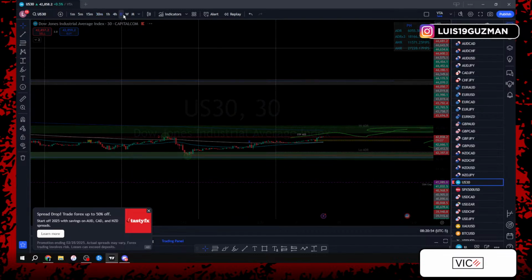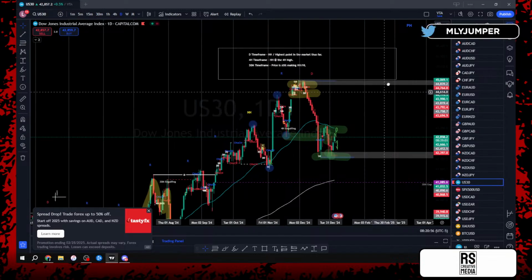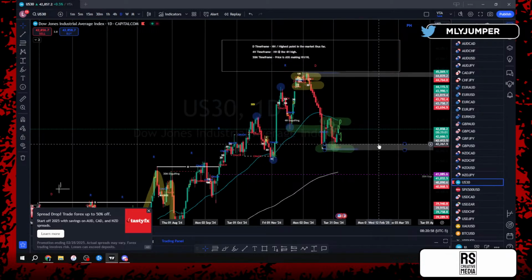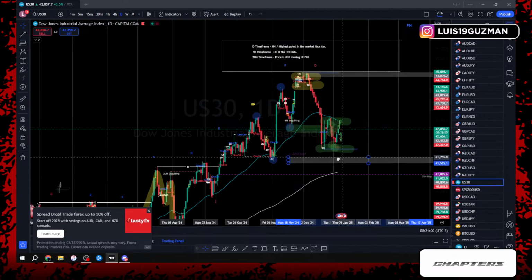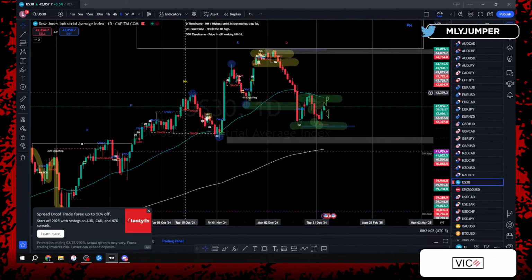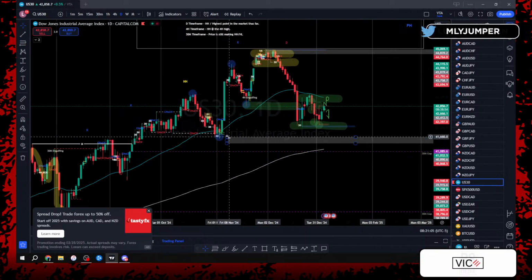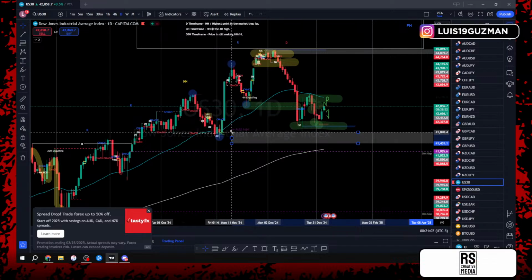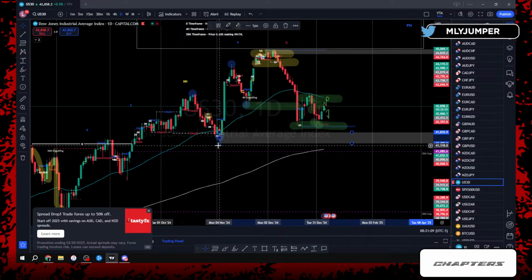Which in the daily time frame, this is actually incorrect. I have to change this. I forgot to do this. In the daily time frame, we're trading higher high, higher low, higher high. So the last red candle before the push to the top side.